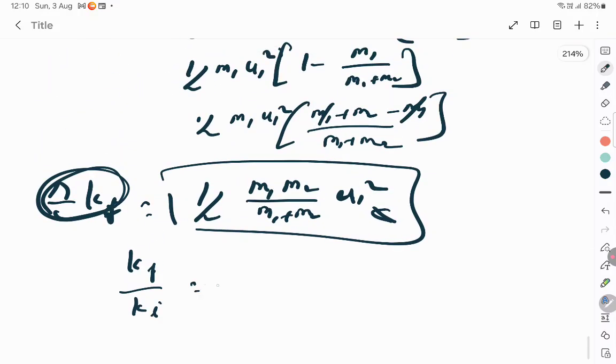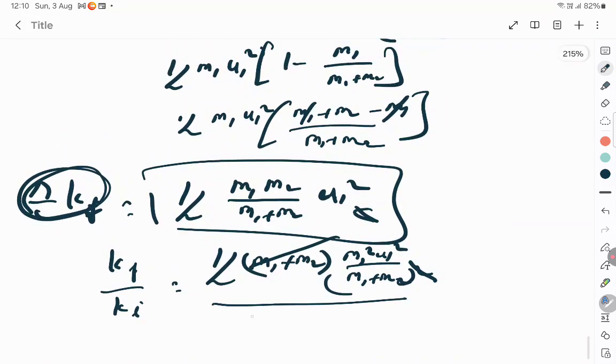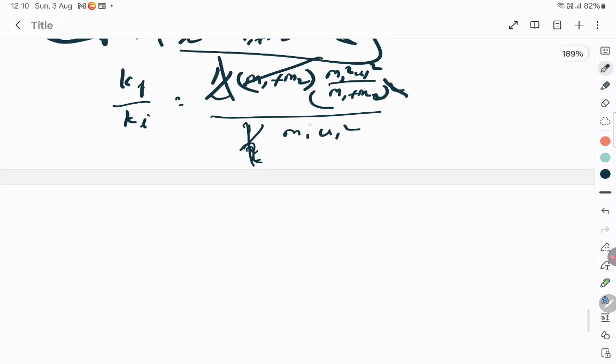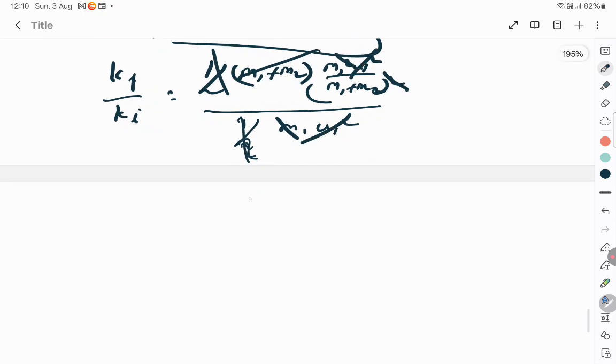Now they ask you the ratio between k final and k initial. K final is half into m1 plus m2 into v square. You know v square is m1 square u1 square by m1 plus m2 the whole square, where the square gets cancelled. K initial is half into m1 into u1 square, only the smaller body, so half and half get cancelled. m1 and m1 get cancelled, u1 square and u1 square get cancelled.